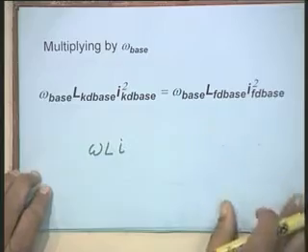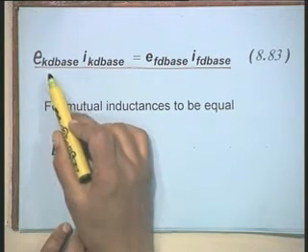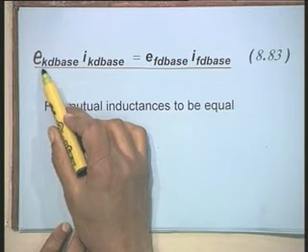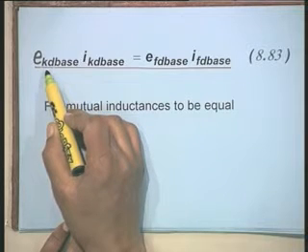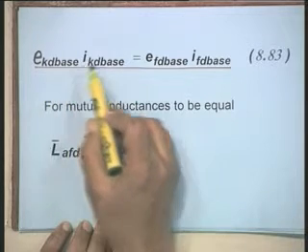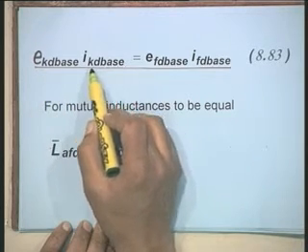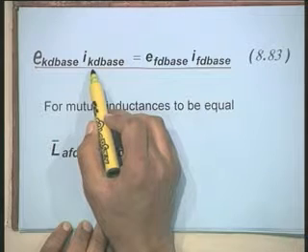Similarly, here. Now, when you do this, you will find this very important relationship, that is the base voltage in the direct axis amortiguer circuit multiplied by the base current in the direct axis amortiguer circuit.